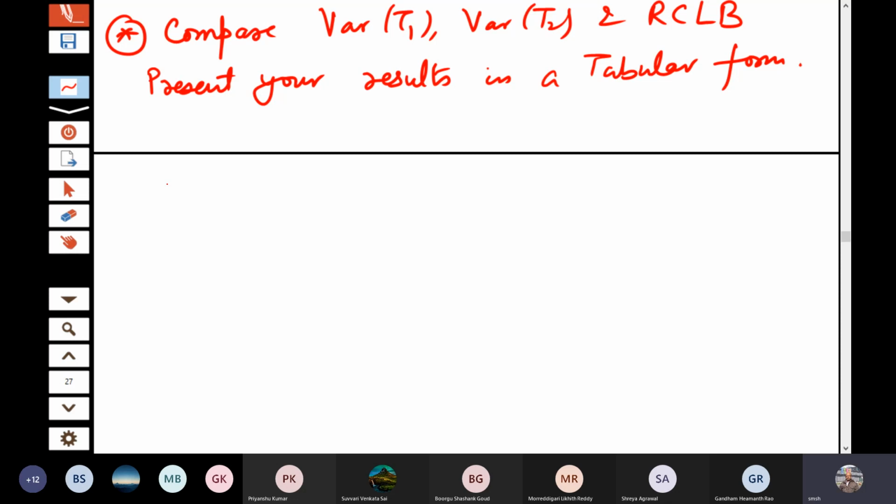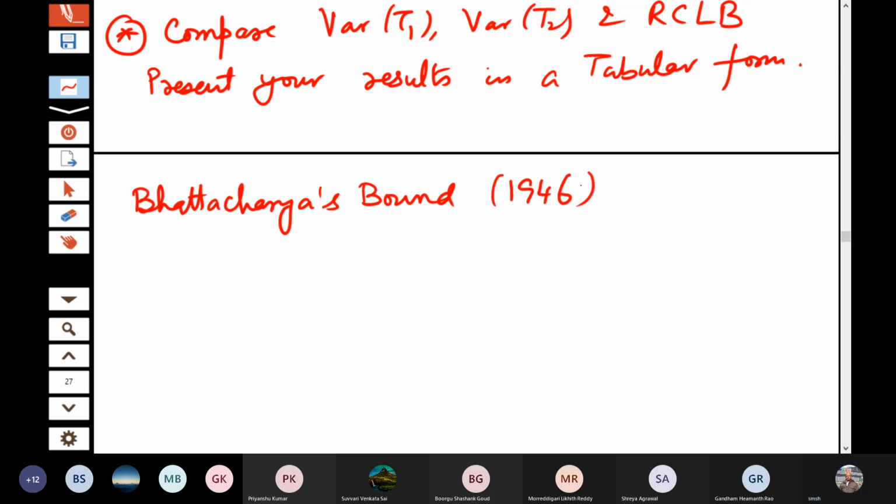So if we go for higher order derivatives, then what will be the consequence of that? Based on that concept, some people started working on that. And the first of those bounds is Bhattacharya's bound, which he developed in 1946. So I will write down the statement.